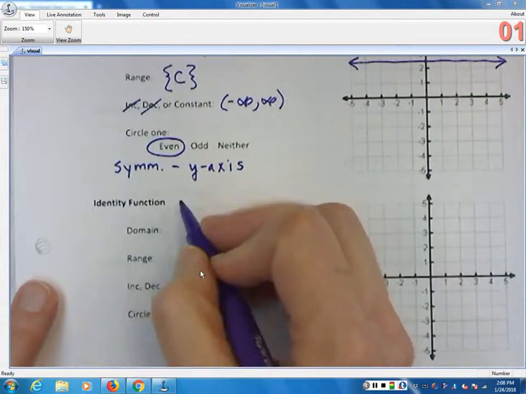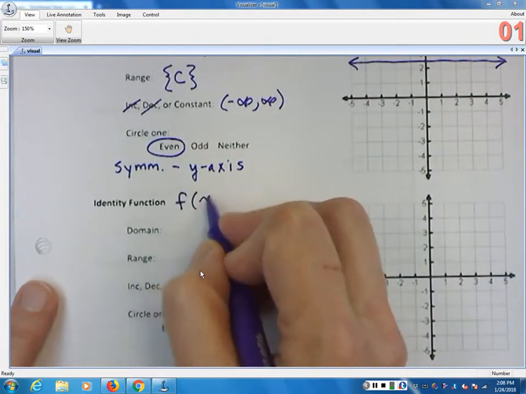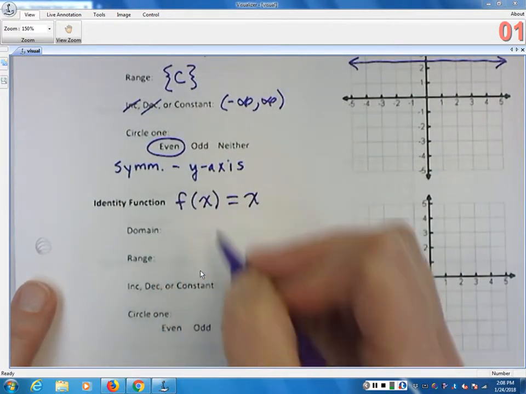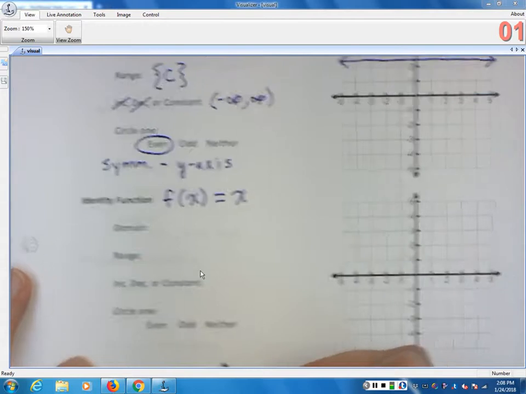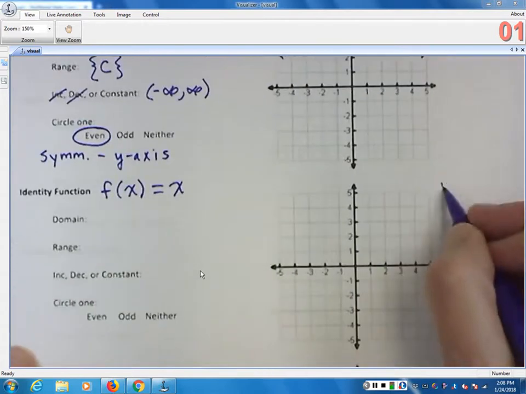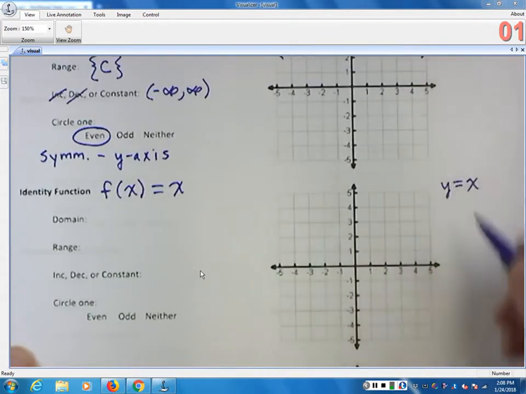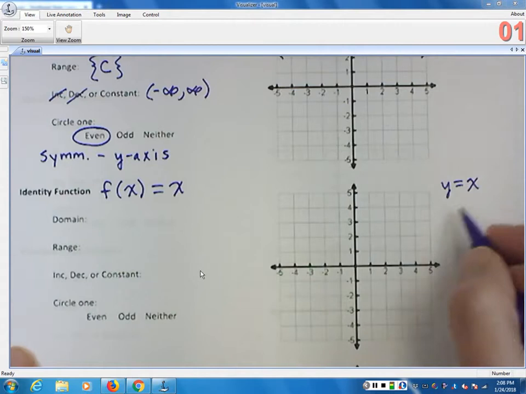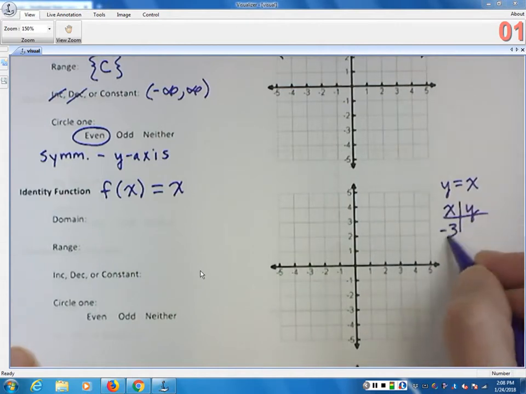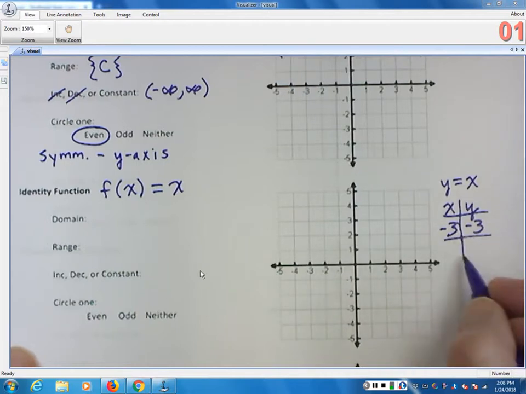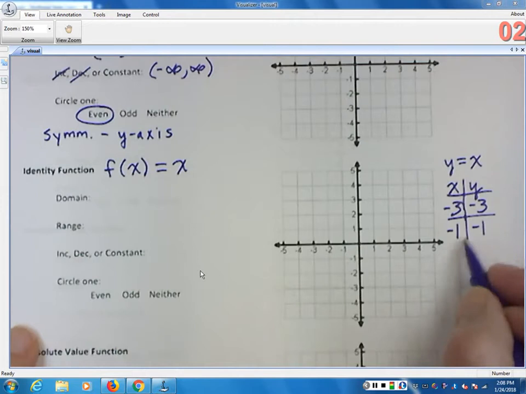The identity function is f of x equals x, or the line you're probably used to seeing as y equals x. So if we made a table of values, put in -3, you get -3. You put in -1, you get out -1. Whatever you put in for x, that's what you get out for y.